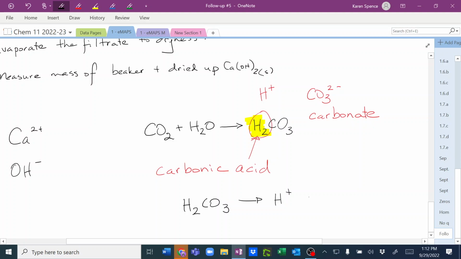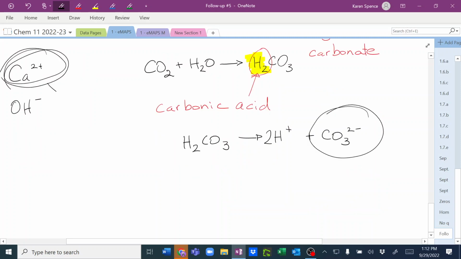And carbonate has especially low solubility with calcium. And remember, what did we have over here? We had calcium. So these two are actually going to get together and form calcium carbonate solid.